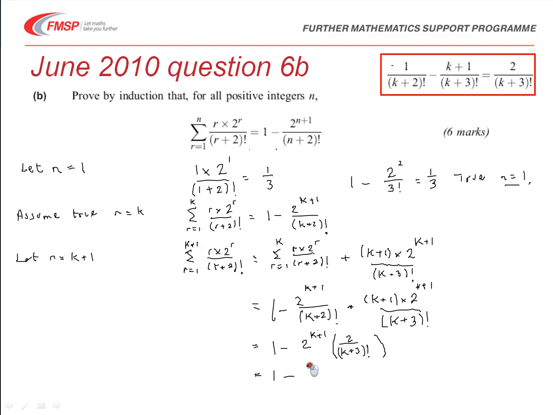So this becomes 2 to the k plus 2 over k plus 3 factorial.